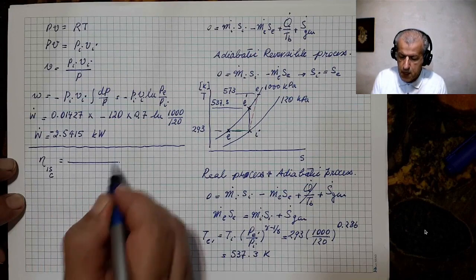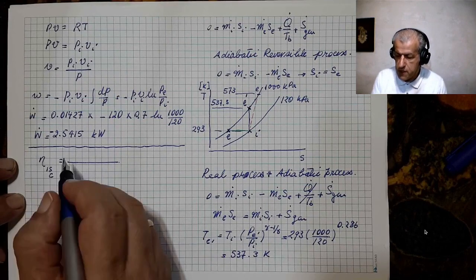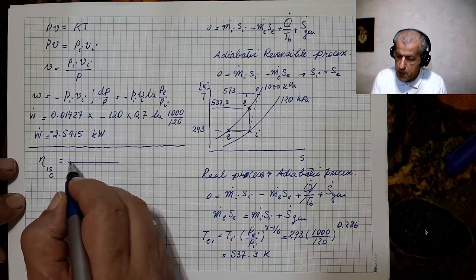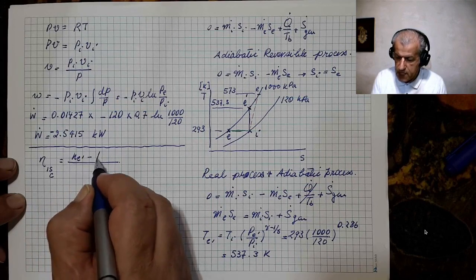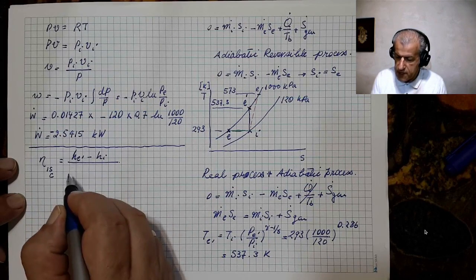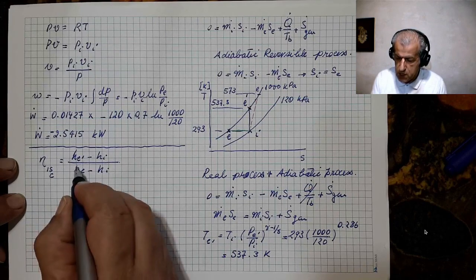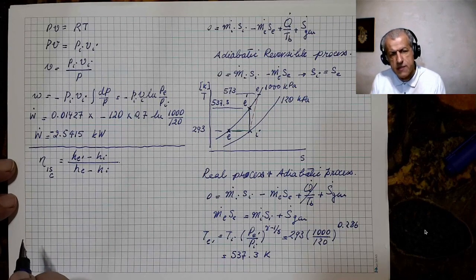And the isentropic efficiency is usually defined as He prime minus Hi divided by He minus Hi. Why is it defined like this?